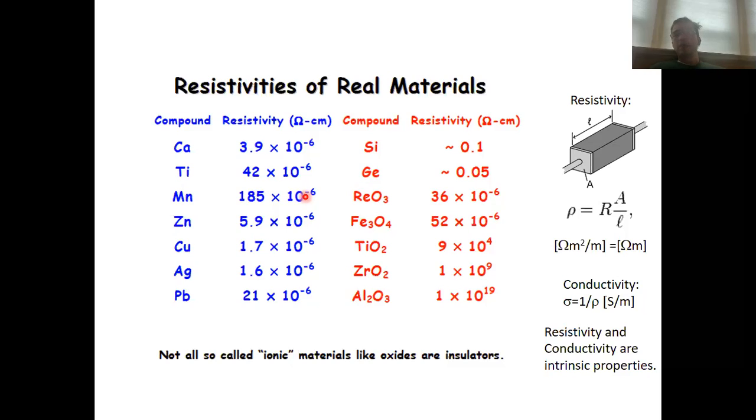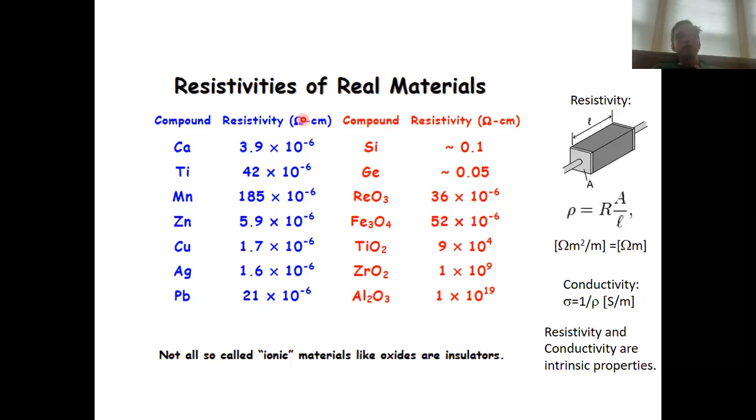I briefly also wanted to explain the unit of resistivity, ohms times centimeter. Resistivity is an intensive property of a material. It is not related to the quantity of the material, so not related to how much calcium, titanium or manganese we actually have.